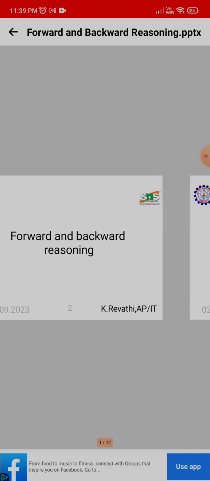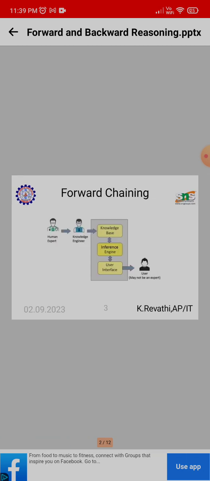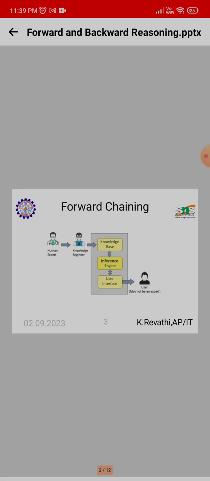Then in today's session we will see about forward and backward reasoning in artificial intelligence. In artificial intelligence, forward and backward reasoning is one of the most important topics. But before that, you have to understand where the forward and backward chaining is coming from.